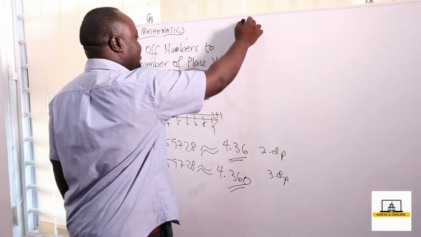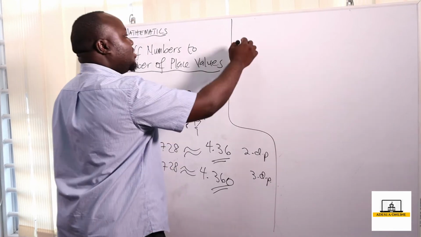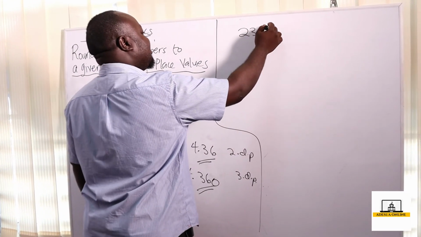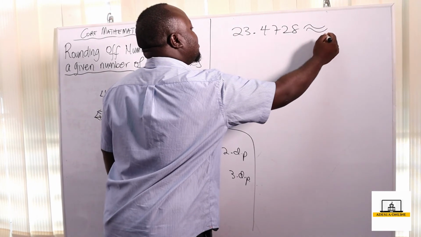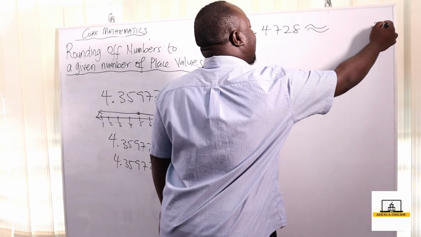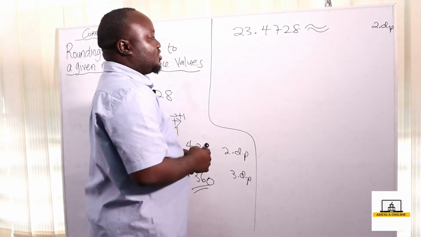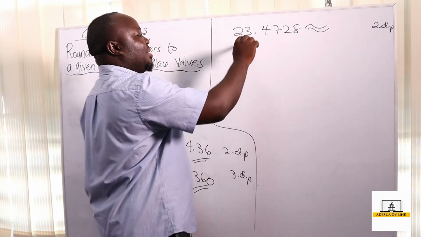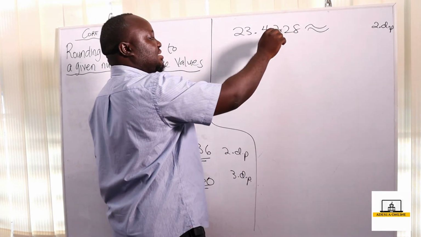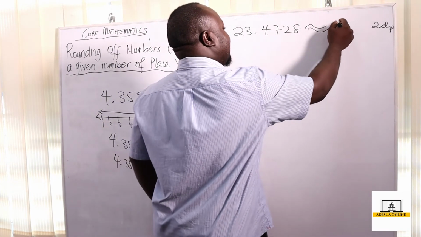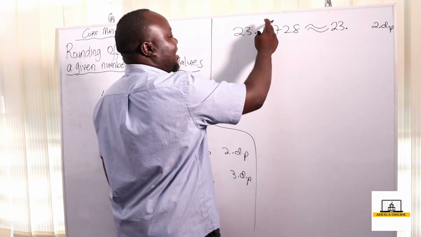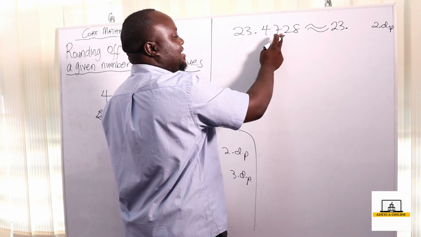So let's take some more examples. For example, if I have 23.4728 and I want to round this to, let's say, 2 decimal places. So to 2 decimal places, meaning I move my decimal point twice. So I'll have 23 point, the first decimal place is 4, the next one is 7.